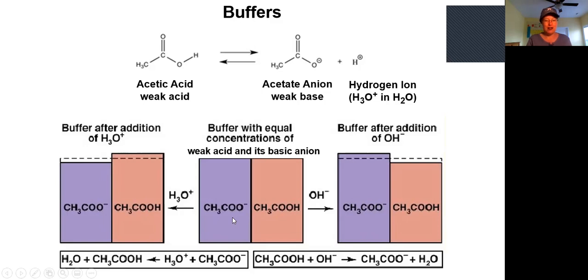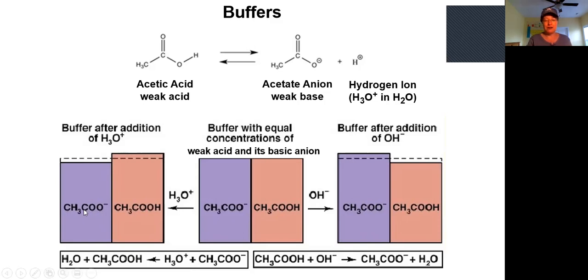Let's take a look. Over here, they added some acid, and they're representing that H plus as H3O plus. So they put in some extra acid. What happens? Well, the basic anion steps up and says, hey, I'm here to react and do an acid-base reaction. So he gets used up a little bit.